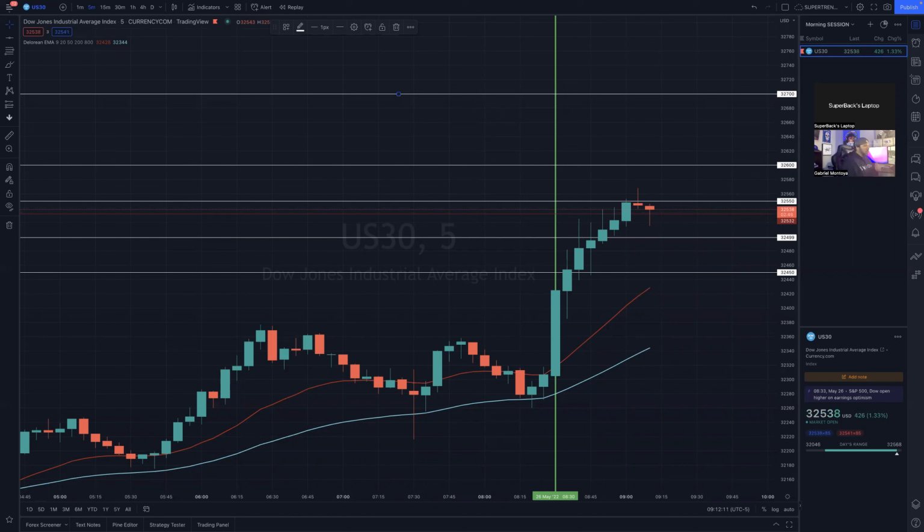We got this long wick to the bottom, which tells me that buyers are in control on this candle. Sellers tried to move this candle, but the buyers came in and said nope, and we just closed 3 trades, 6-0.